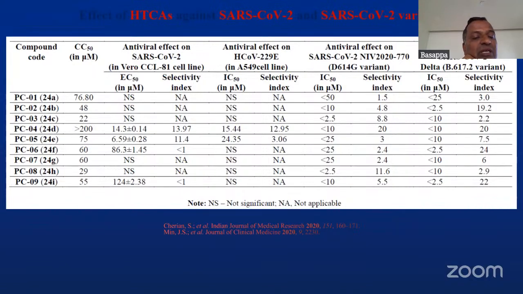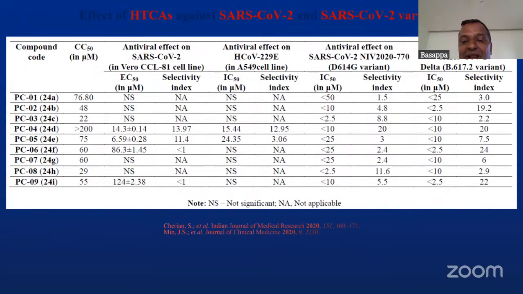In this case, whose values were shown here, ns refers to not significant, and some of the compounds you can see here, PC4 and PC5 and PC6 and PC9, these compounds showed anti-SARS-CoV-2 activity.